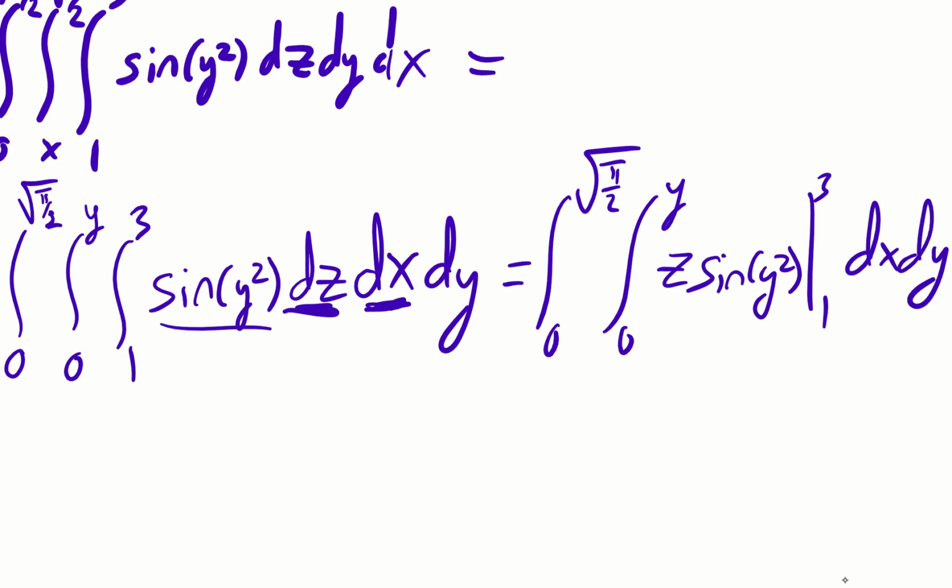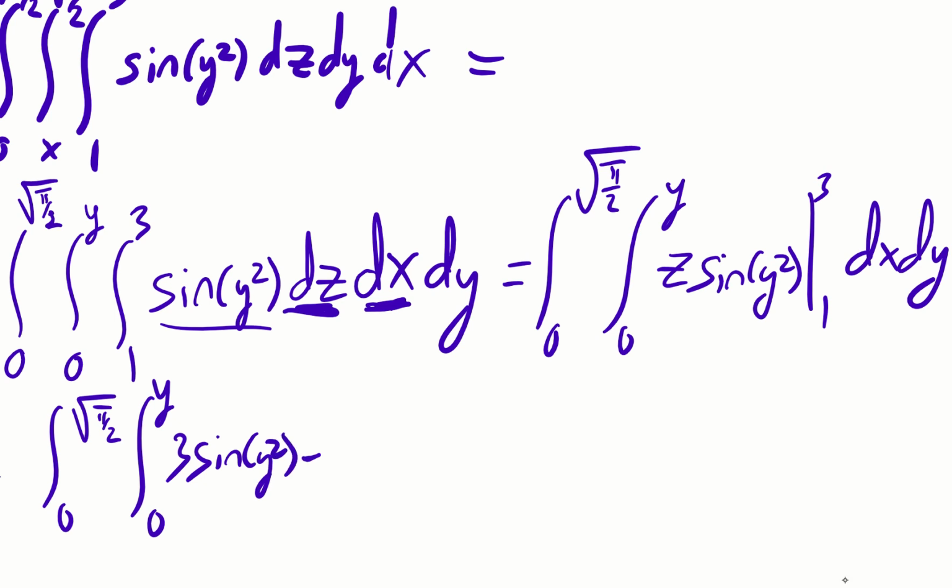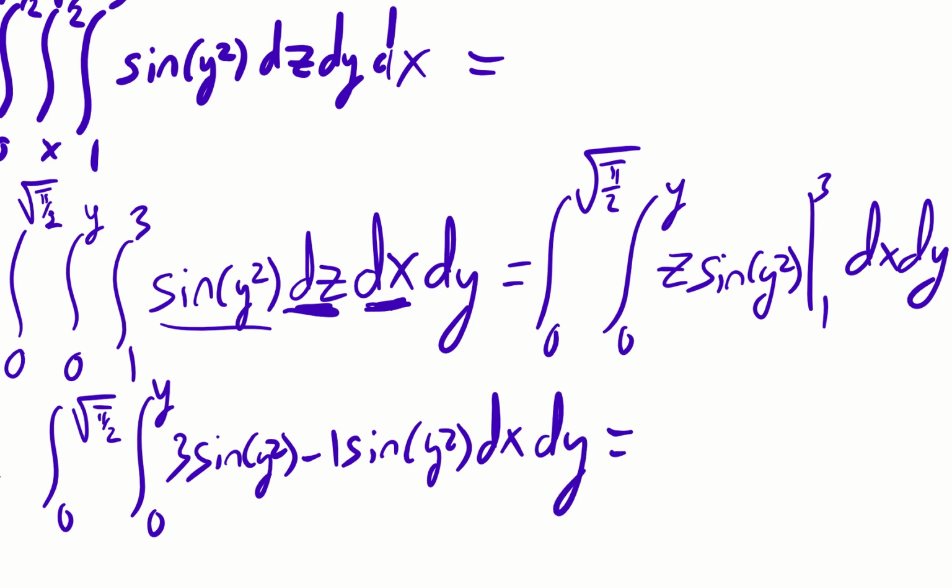We plug 3 in for z, subtract what we get when we plug 1 in for z. We get 3 sine y squared minus 1 sine y squared. Let me write that out. Before we do our next integration, let's combine those like terms.